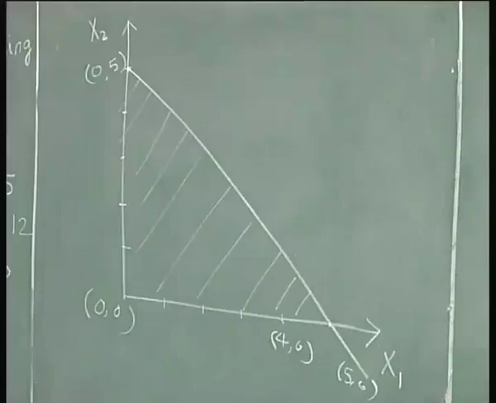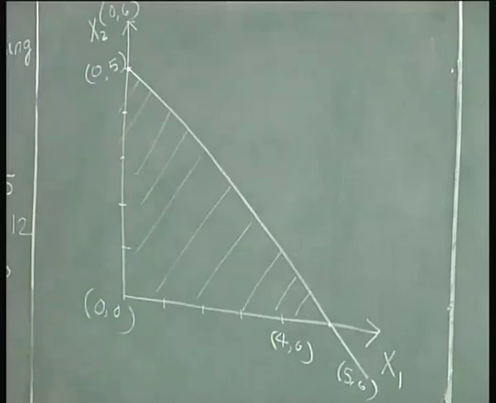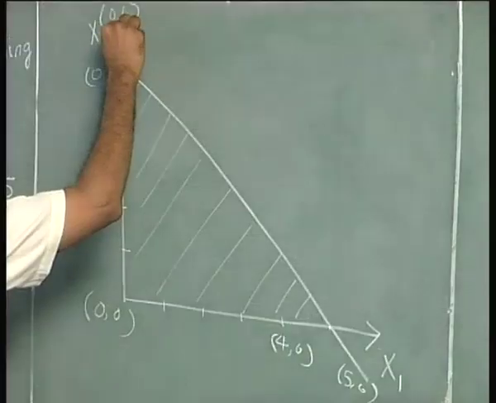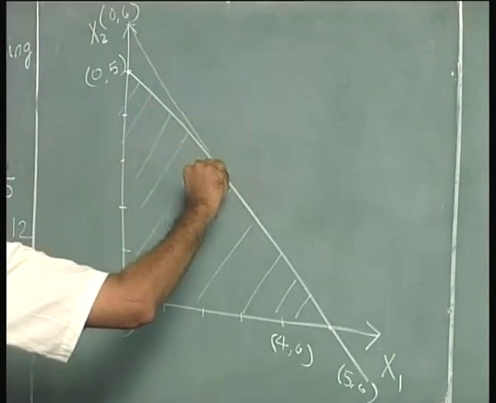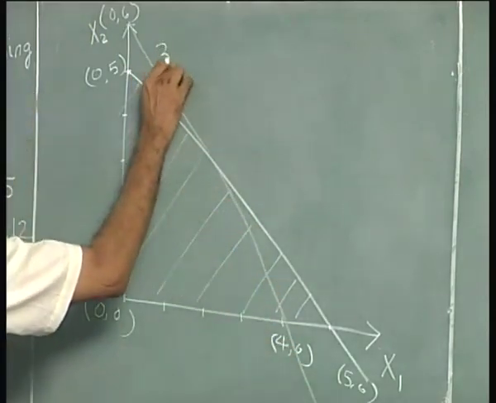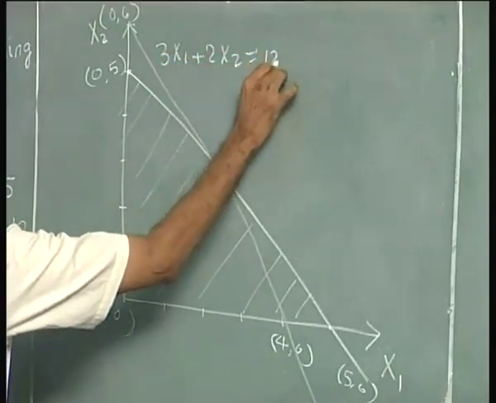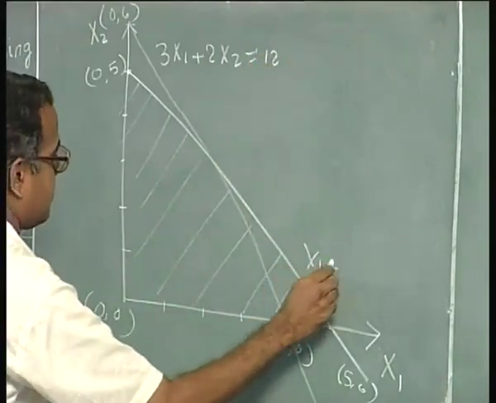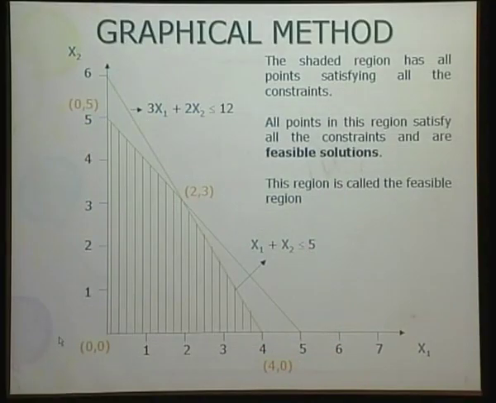The other one is 0 comma 6 which lies on the line 3x1 plus 2x2 equal to 12. So, we draw the line joining. So, this is the line 3x1 plus 2x2 equal to 12, this is x1 plus x2 equal to 5.